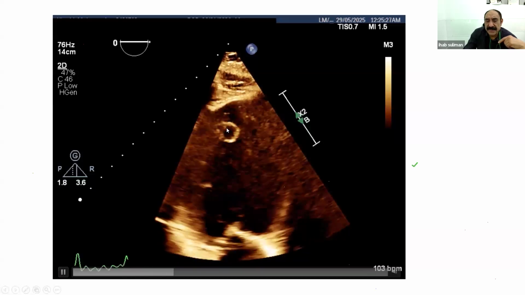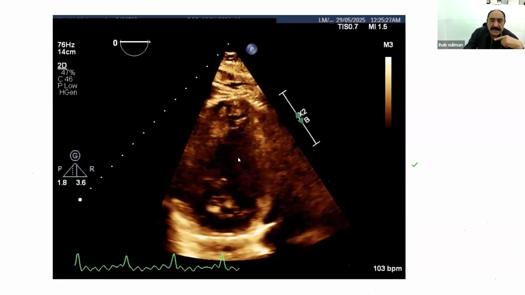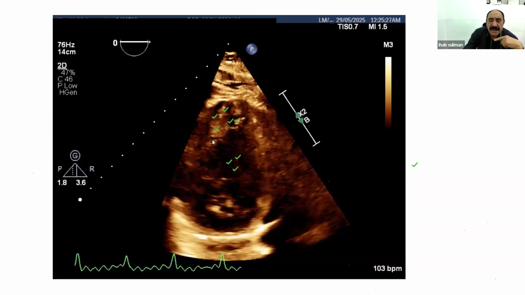This is the left ventricle, and these are the thrombi attached to the apex. When you have such a patient, 19 years old, who came before the Eid holiday and was having multiple cardiac arrests, how can you help him?